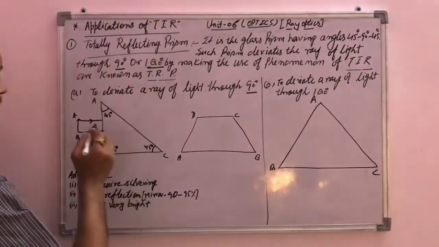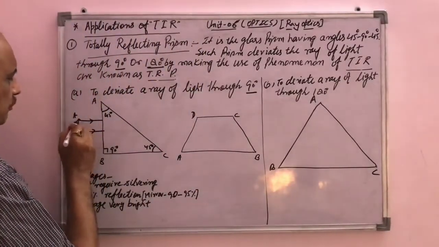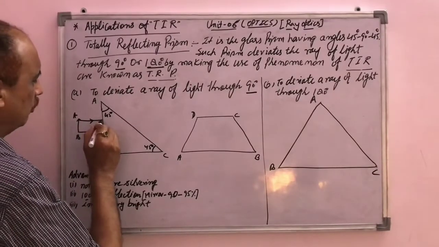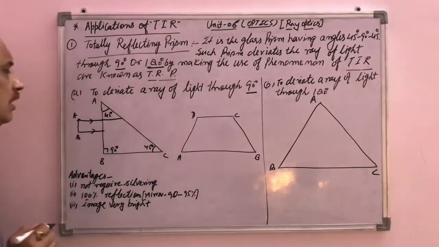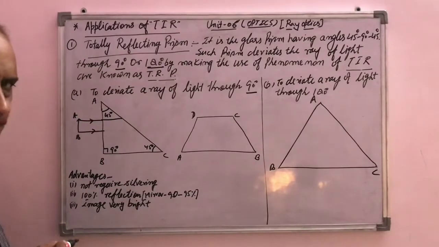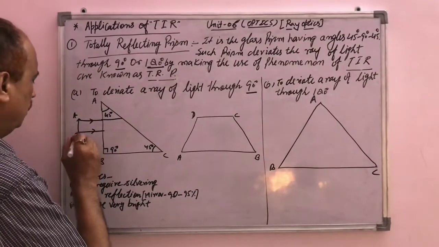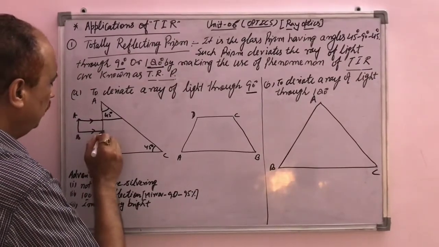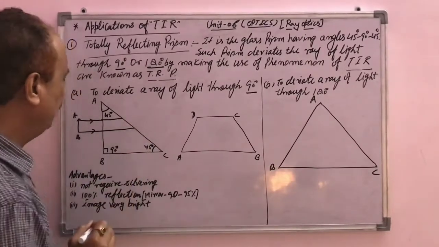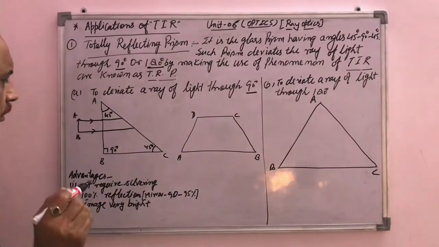It means the ray which starts from point A moves along a straight line and is incident on the face AC of the prism. Similarly, the ray which starts from B will be incident on the face AC of the prism ABC.